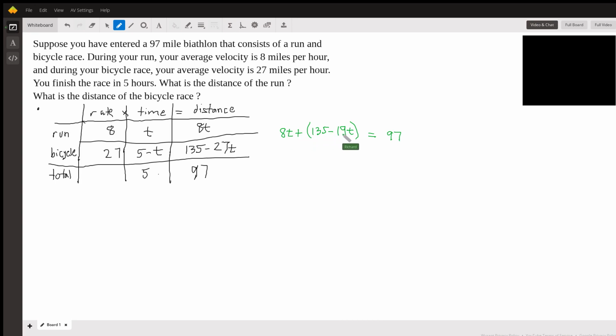Combine the 8t with the negative 27t, so you're going to get 135 minus 27t. Sorry, I don't know why I put a 19 there. Excuse me, I think I was looking at the wrong material in my notes here.